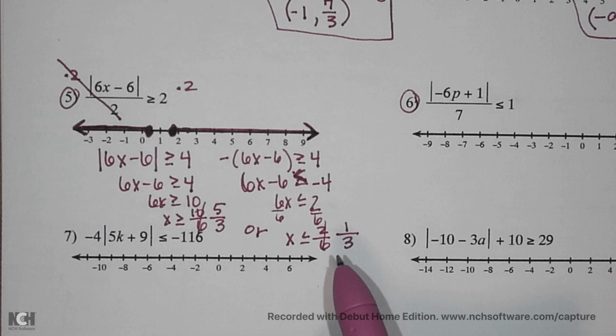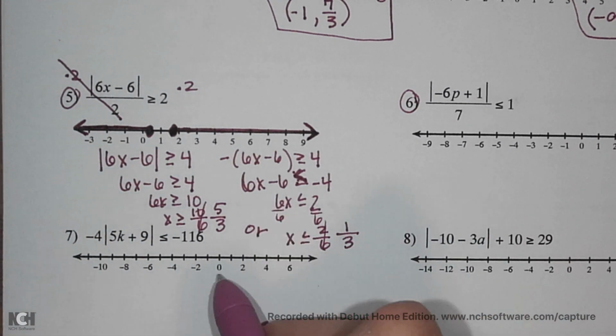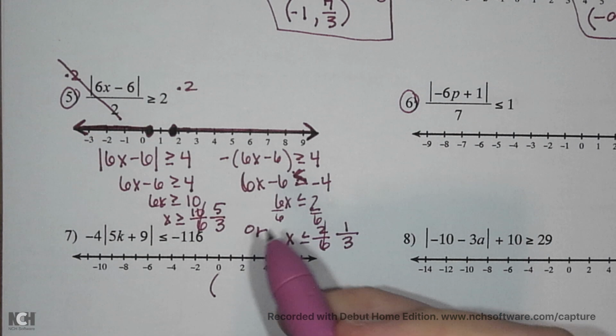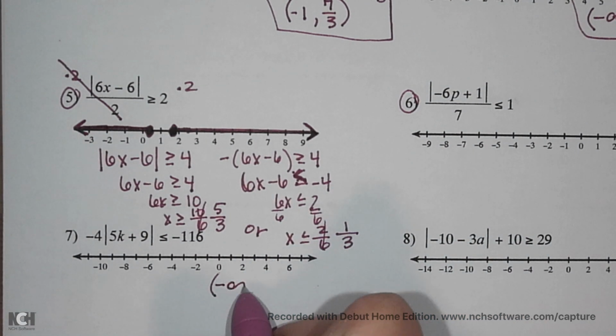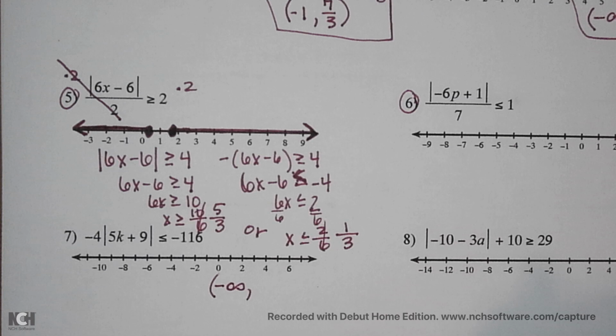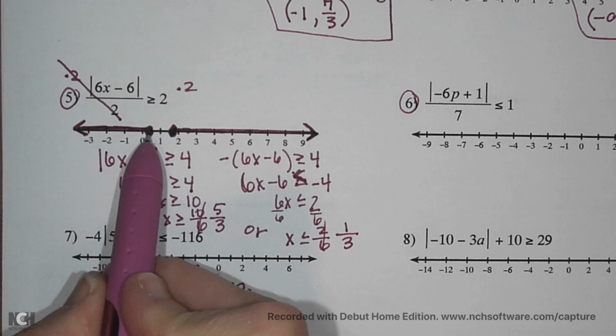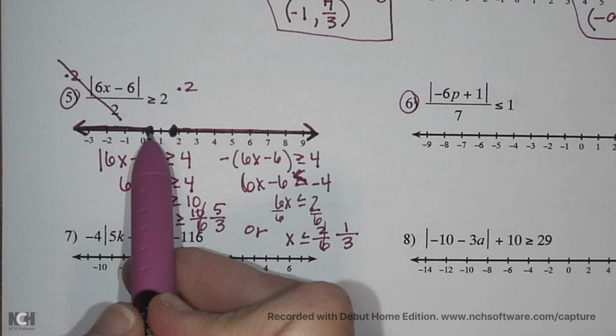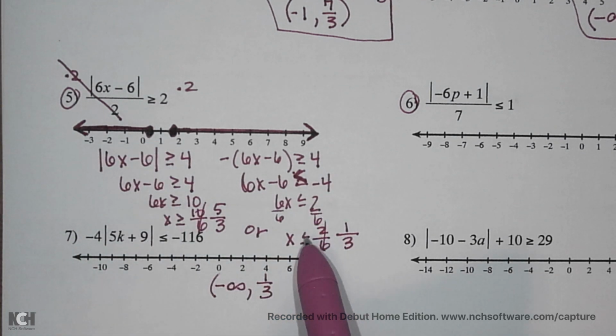And now we just need our interval notation. So starting at the low end, the lowest value here is our negative infinity, which it never reaches because infinity goes on forever and ever. And it goes up to, that's 1/3 there. 1/3 is included because you have that closed dot, that less than or equal to.